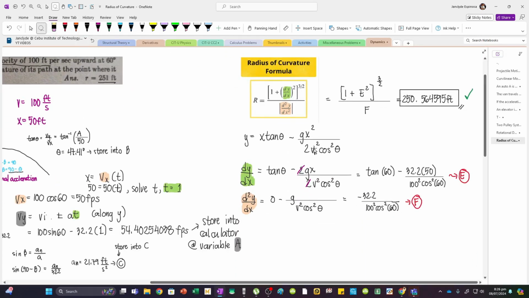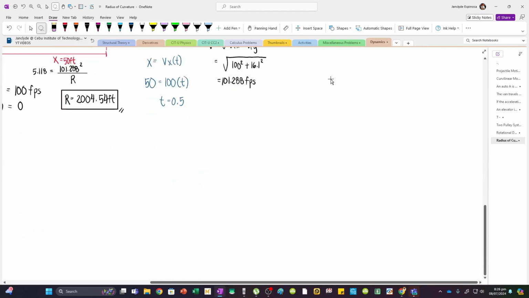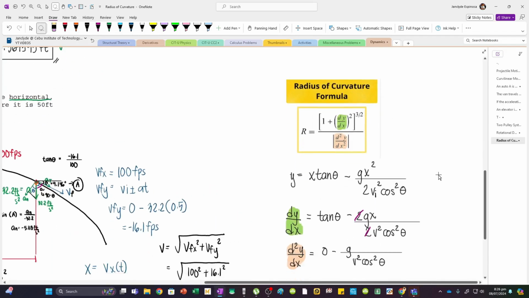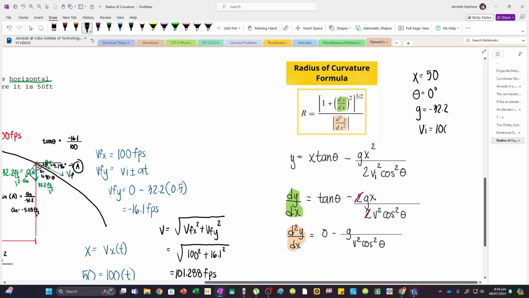Now, let's check using the alternative formula. I'll just copy it, since the derivations are the same. So let's define the values. X is 50, theta is 0, g is negative 32.2, and VI is 100.